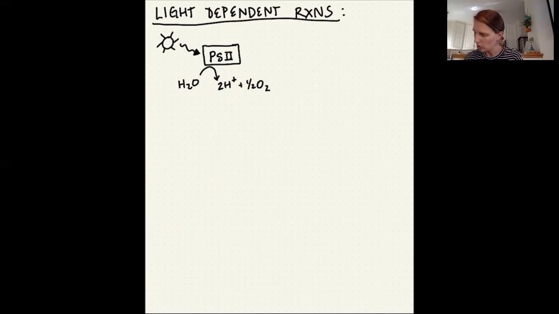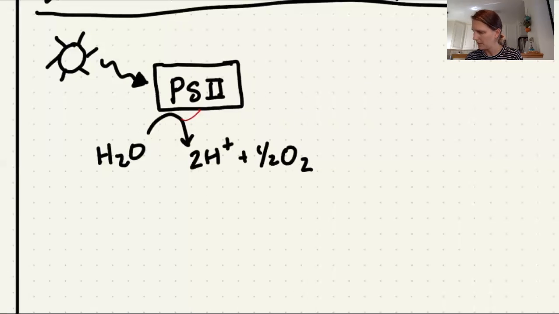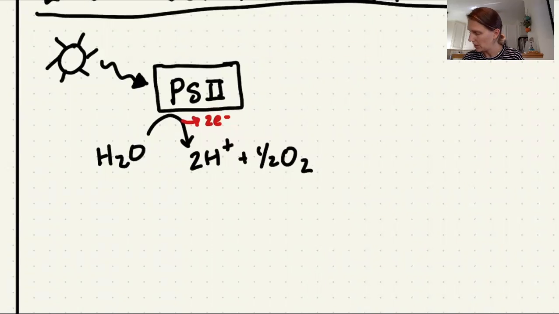The electrons that are going to get given off, these two electrons, are going to be energized by that photon of light, right? So these electrons are going to get energized, and they're going to bounce, bounce, bounce. I don't know how many bounces they go on, but they're going to be going down ETC2, right?